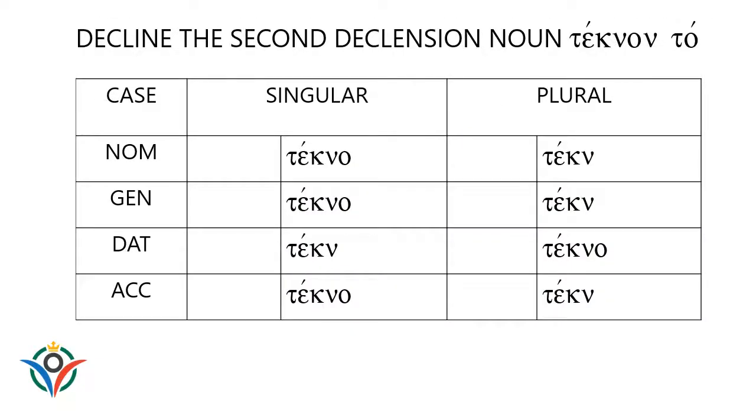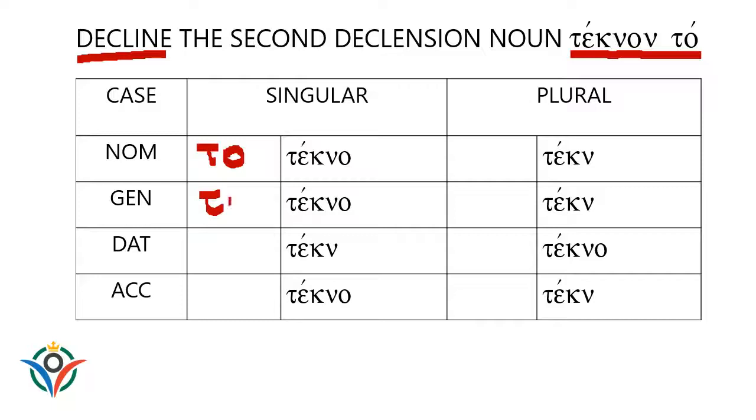As we did with the verbs, when we practiced conjugating the present middle passive indicative verb forms, let's now practice declining the second declension noun using the example of teknon. We will begin by writing out the articles. You should be aware of them by now. Let me do it for you.